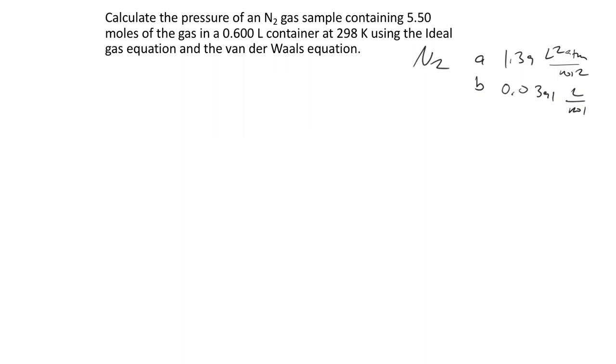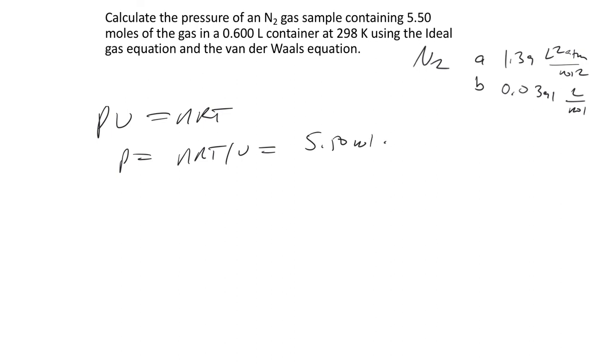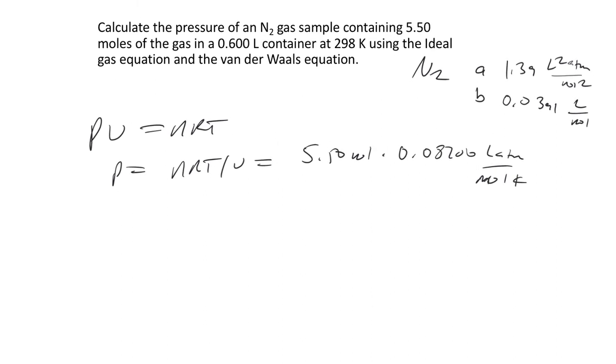Okay, so PV is equal to nRT for the ideal gas law. To calculate the pressure we would get with the ideal gas law, we take our 5.5 moles times our usual gas constant, 0.08206 liter atmosphere per mole Kelvin. It doesn't say to calculate the pressure in atm, but that's the unit that makes sense, so let's calculate the pressure in atm.